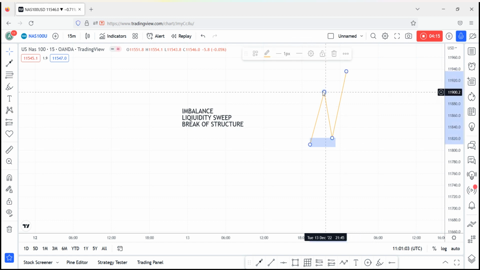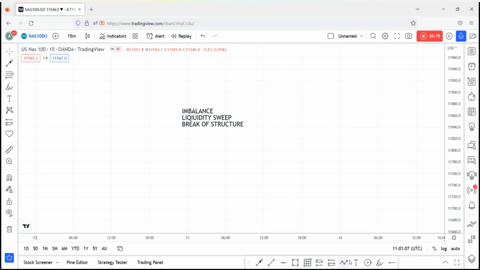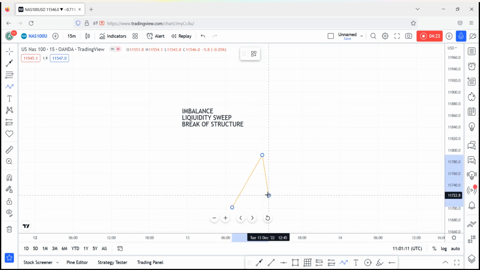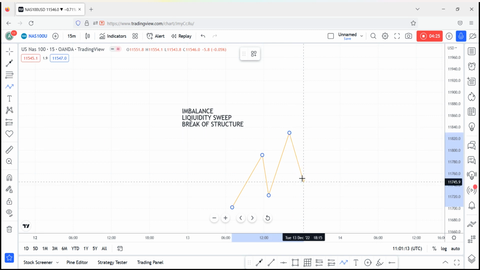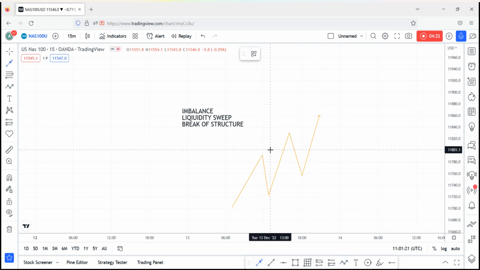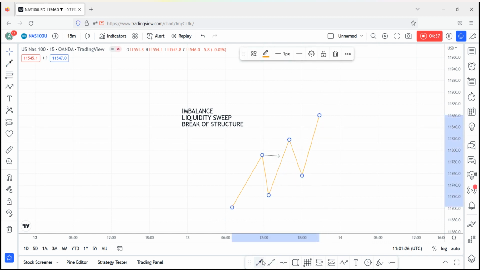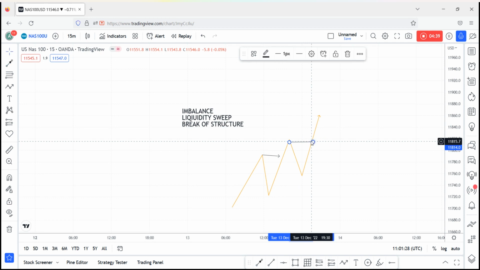So now let's move to the third criteria, that is a break of structure. So what is a break of structure? I have told you in this video, some people know, some people, 90% of people while trading in the SMC concept, they mark this as a break of structure, right? But actually this is not a break of structure.